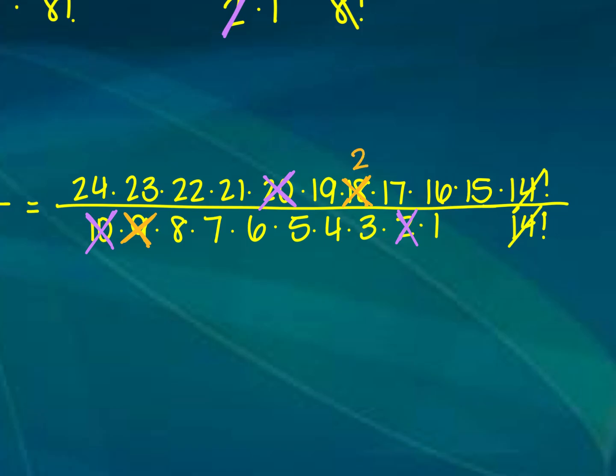What else? Well, 6 times 3 is what? I can't use 6 and 3 because I already canceled out my 18. What else can I do? 8 times 3 is what? So cancel out.